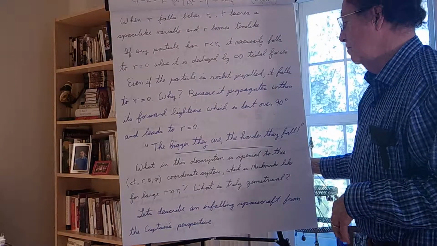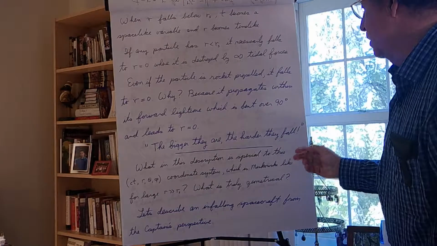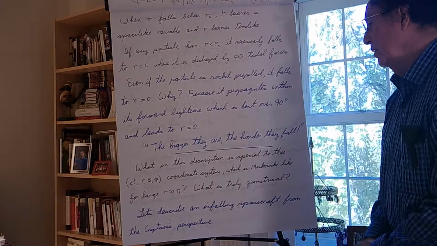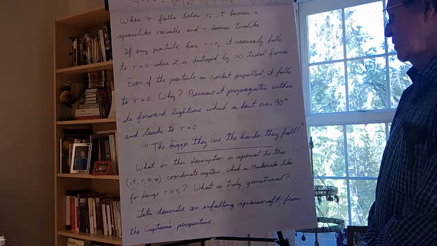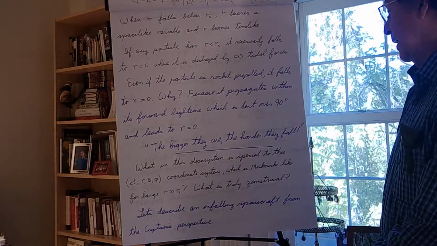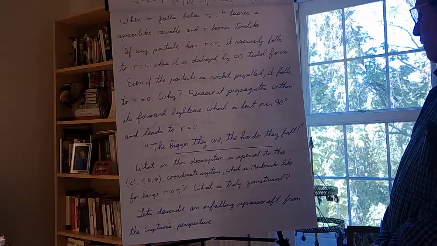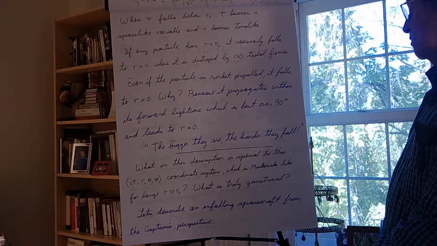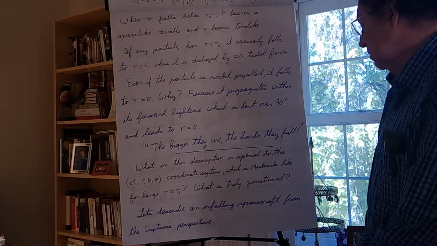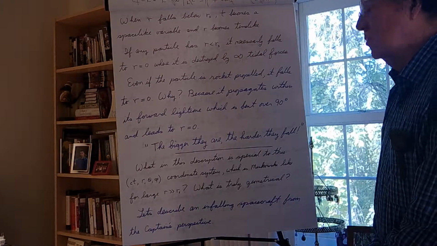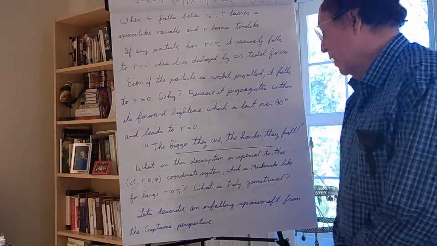So now we come to the problem. What in this description is special to this coordinate system? This coordinate system is simple only for r very much larger than the Schwarzschild radius. We want to know what is truly geometrical. So let's face that problem by doing a Gedanken experiment.